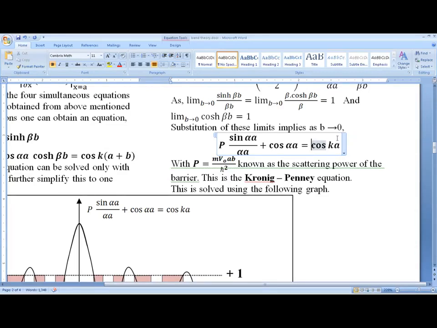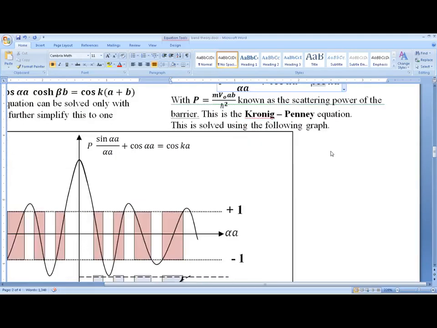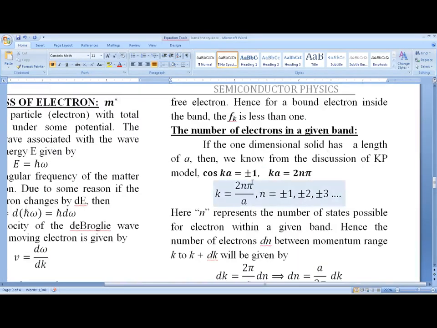So we can write cos Ka equal to plus or minus 1, or Ka equal to plus or minus 2n pi. If we take the positive sense, it will be 2n pi; if you take the negative sense, it will be just n pi. But in literature, they took Ka equal to 2n pi for some reasons. So if we take Ka equal to 2n pi, K becomes 2n pi by a, with n taking integer values.